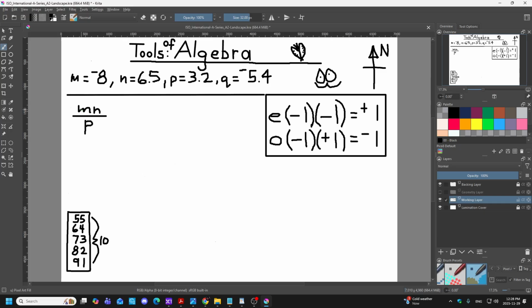So in this case, m is going to be equal to -8. I could use brackets or not with the first value. n is 6.5. And p is 3.2.